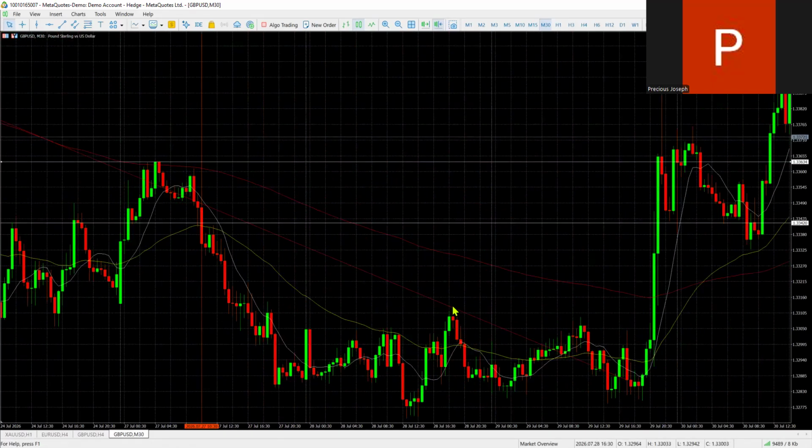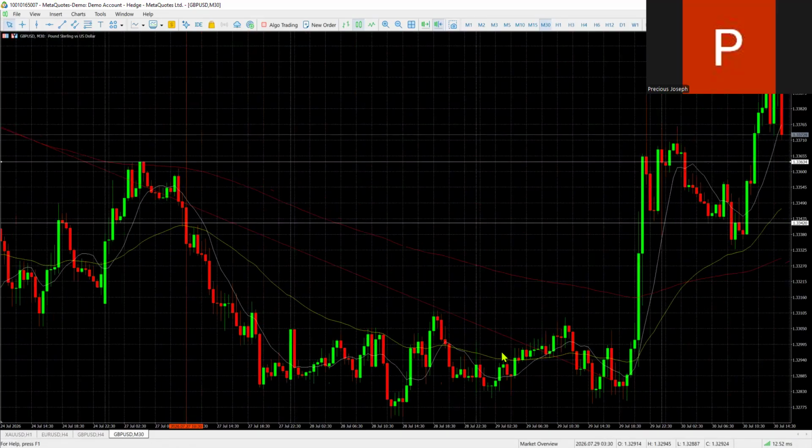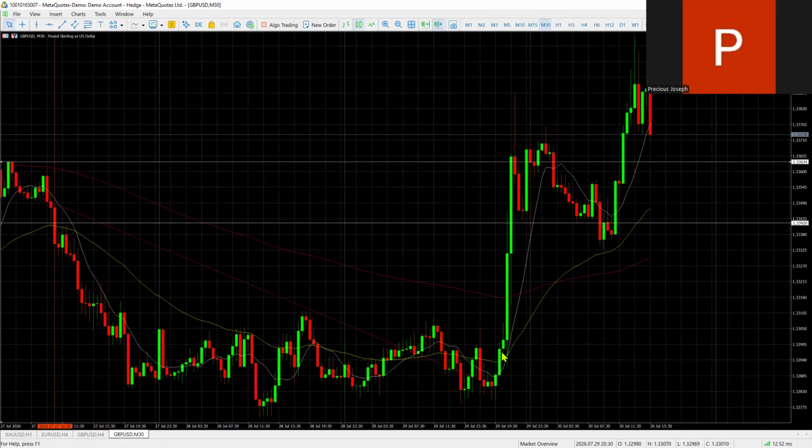So the trend line extended till here. And the trend line extended till here. Even though, okay, there's no liquidity sweep here. So that's the easiest way to trade. That is how you properly trade the trend line.